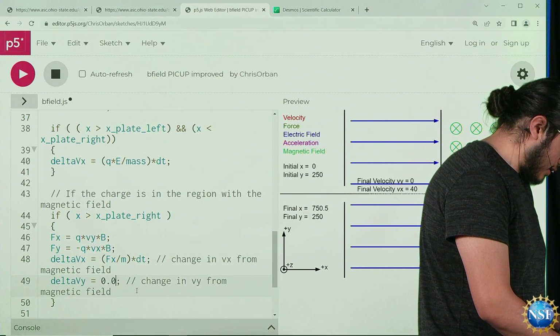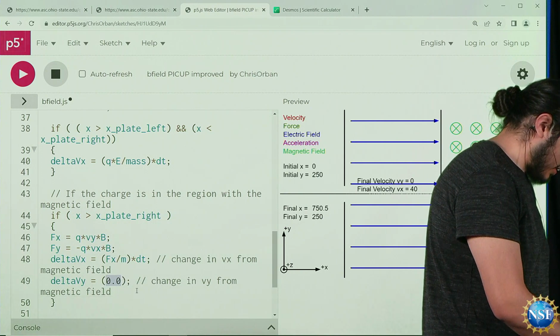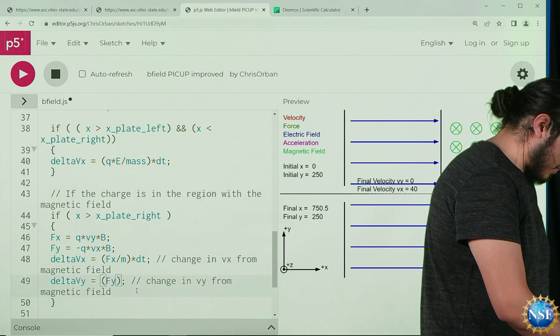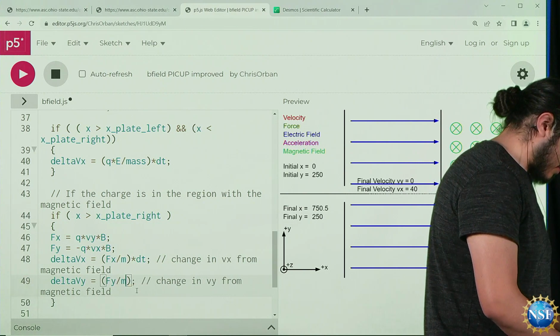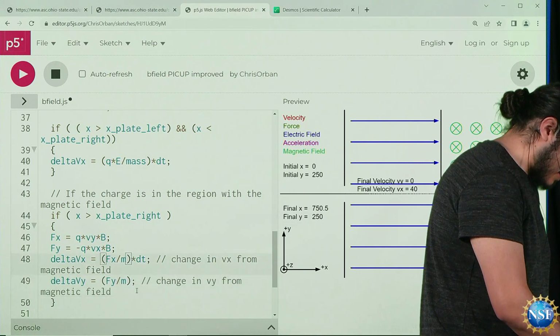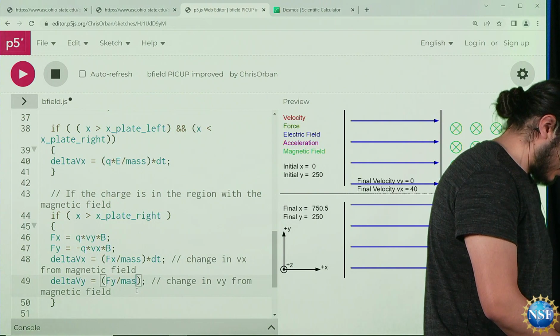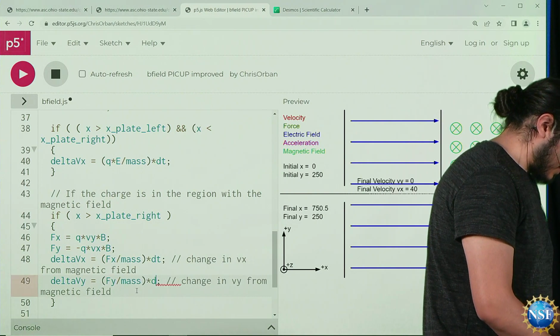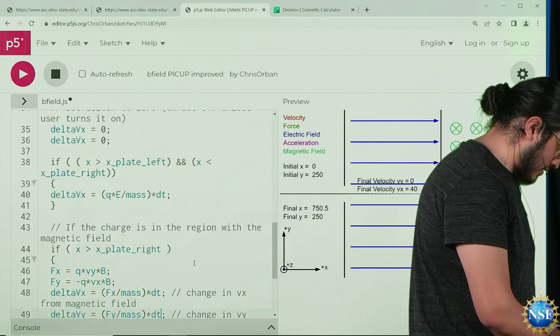And then similarly, in the y direction, we'll get Fy divided by the, oh, actually, it's not m in the code, it's written out as mass, times delta t.